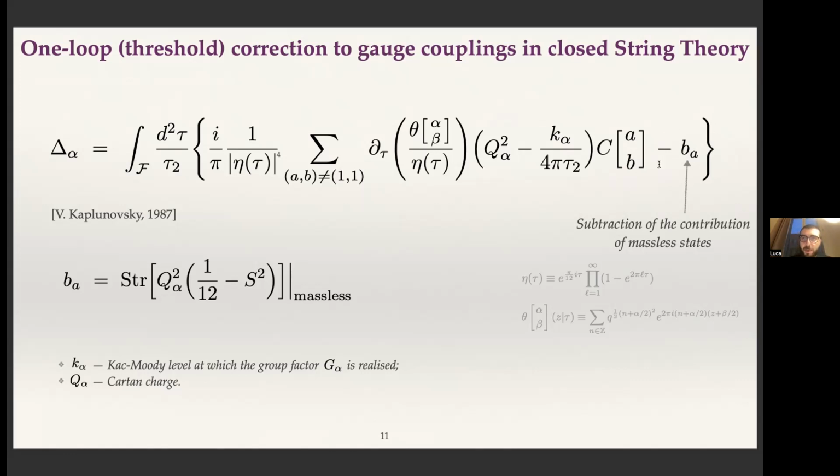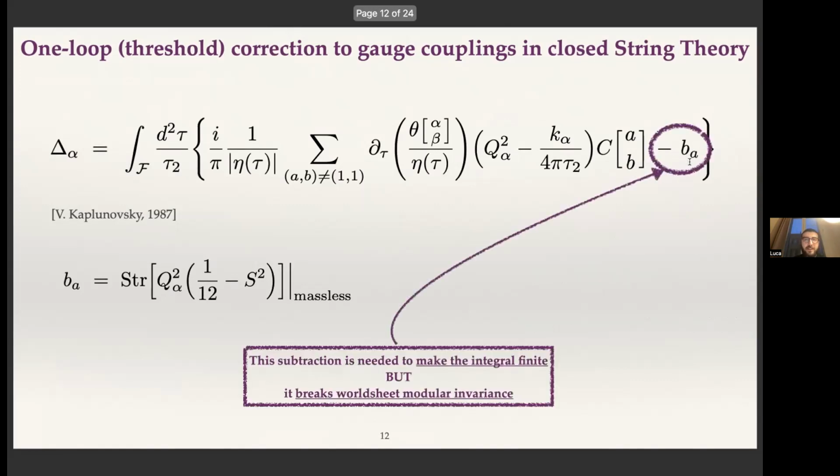The problem with this subtraction is that, on the one hand, we are computing the contribution to the gauge coupling at one loop coming from the infinite tower of massive states, and so we are neglecting the massless ones. But this way of regulating the divergence breaks worldsheet modular invariance, because the first piece, up to this C_AB, is completely modular invariant, but this constant is not.